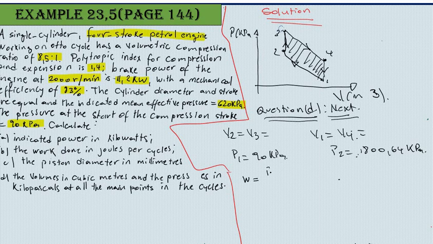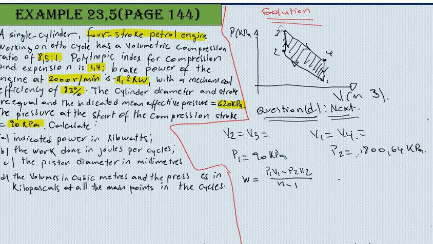So we are going to have P1 V1 minus P2 V2 divided by n minus 1. That is the work done of the process from 1 to 2. But the work done of the process 2 to 3 is 0, because the transformation is isochoric.